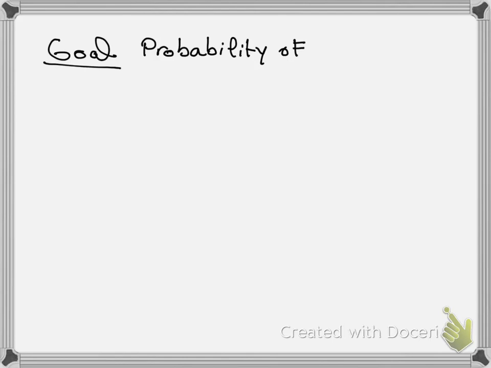Now, in general, in this binomial experiment, the goal would be to find the probability of R successes out of n trials.